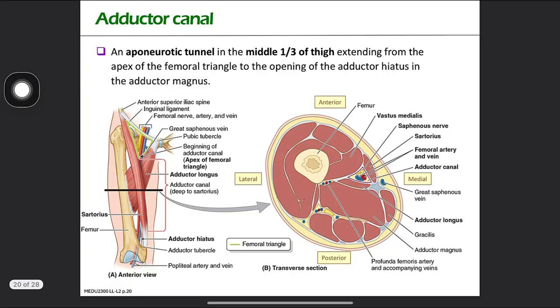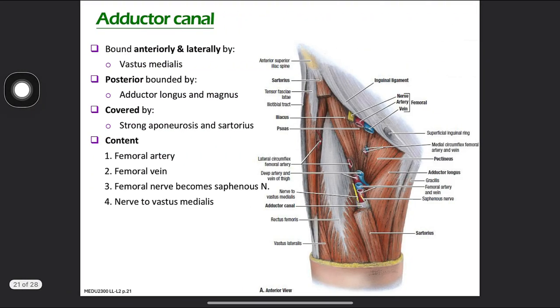Adductor canal. It is an aponeurotic tunnel in the middle third of the thigh. It runs from the apex of the femoral triangle down to this opening here, which is called the adductor hiatus in the adductor magnus. So this one shows you the boundaries.